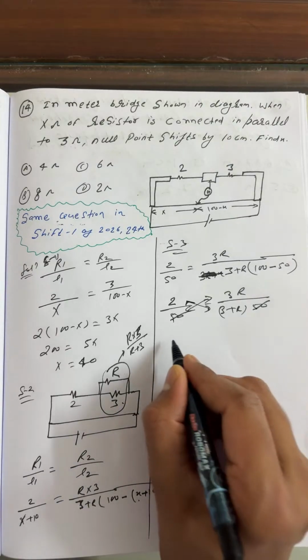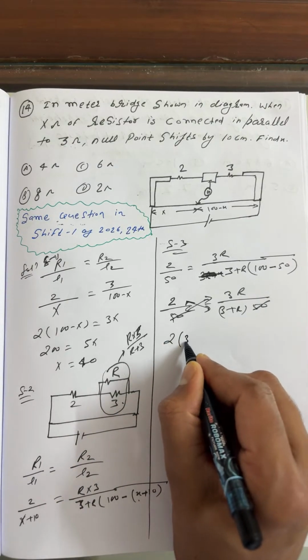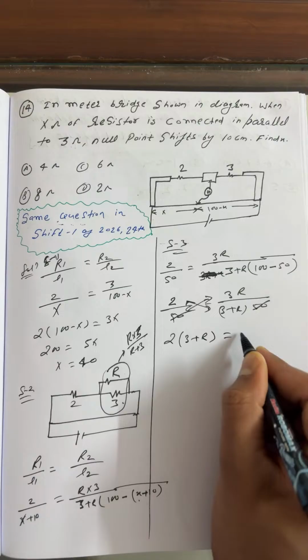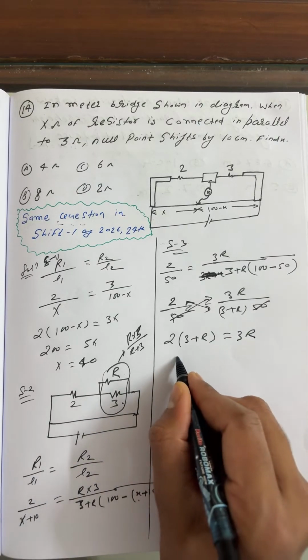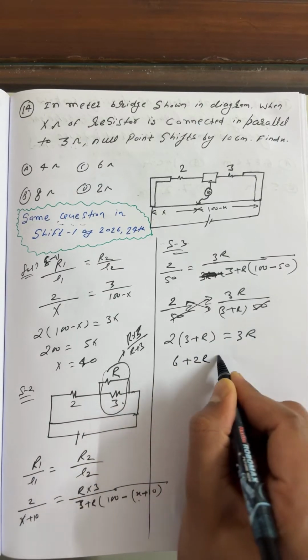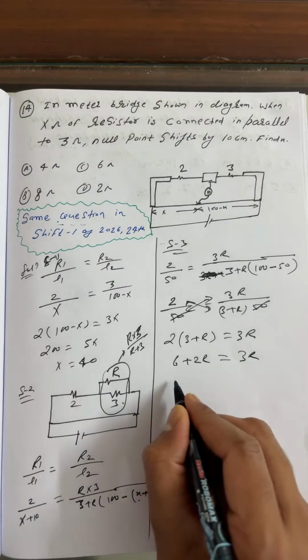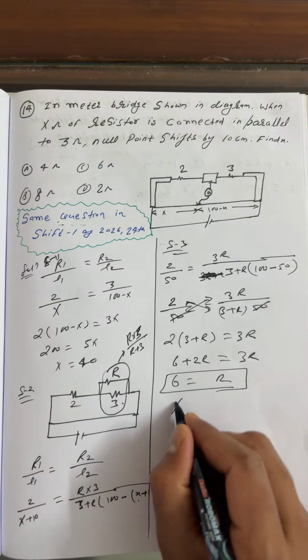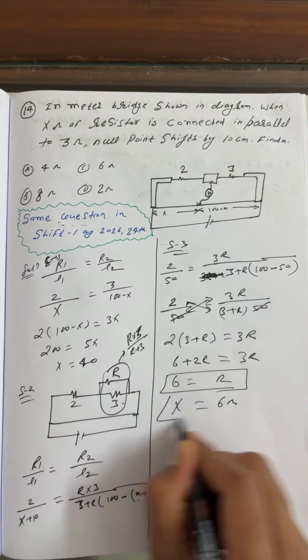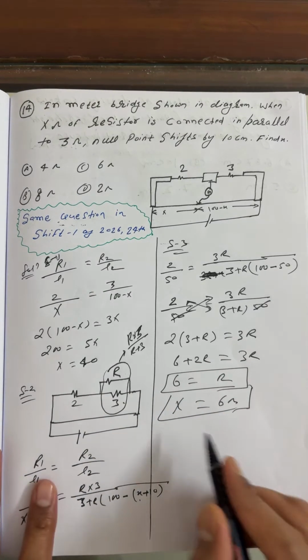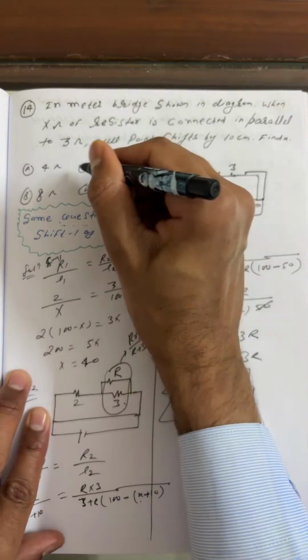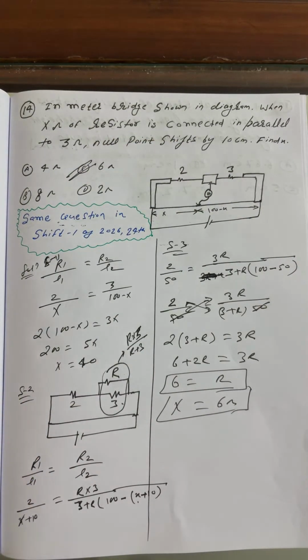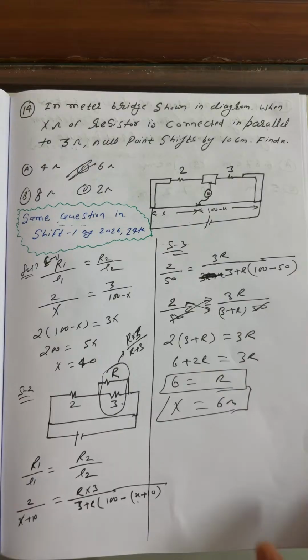Twice into 3 plus r equals 3r. So 6 plus 2r equals 3r, 6 equals r. So your answer is x equals 6 ohm, because in the paper it is mentioned. Option C is correct. Students, your option C is correct, my dear.